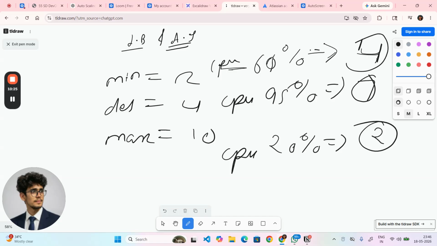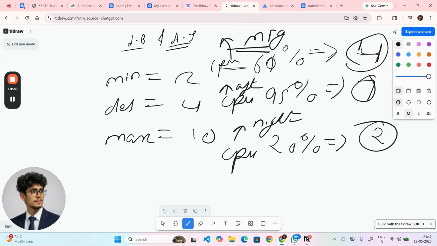So guys, this is all about the morning update, this is the afternoon update, and this is the night update. During morning time, my CPU usage came up to 60%, where my servers total 4.